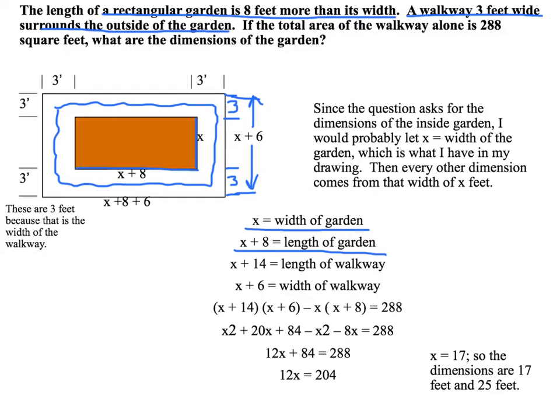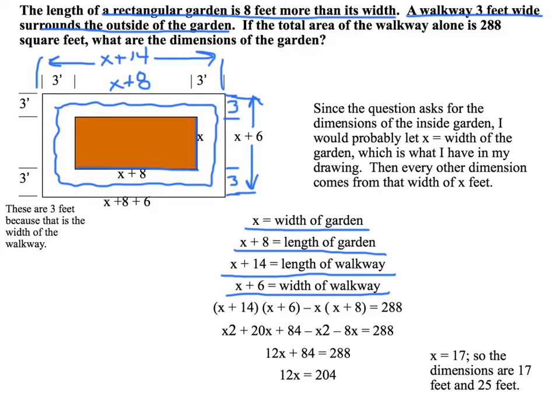For the same reason, the total distance from here to here, this is x plus 8 right here, but the total distance has to be x plus 14, x plus 8 plus 6. So you can see that I have my labeling part: the length including the walkway is x plus 14, and the width is x plus 6.